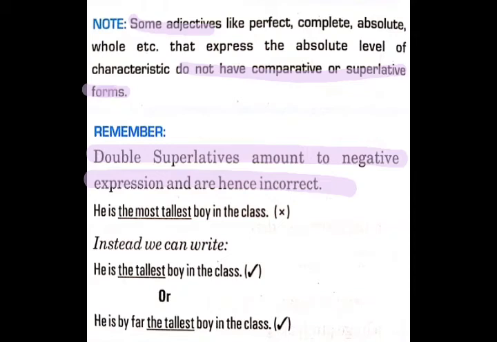Also, double superlatives amount to negative expression and are hence incorrect. For example, we do not use he is the most tallest boy in the class. Okay, we never use two superlatives at a time. Instead, we can write he is the tallest boy in the class, or we can say he is by far the tallest boy in the class. We do not use two superlative degrees at a time.